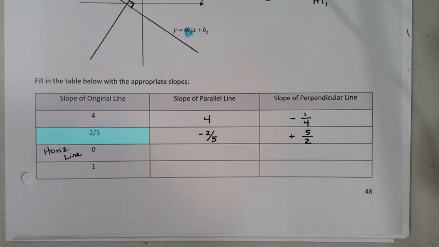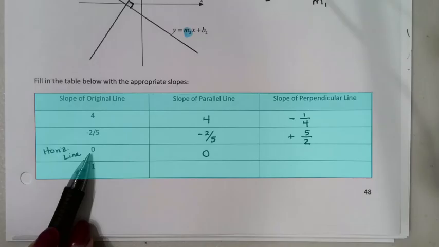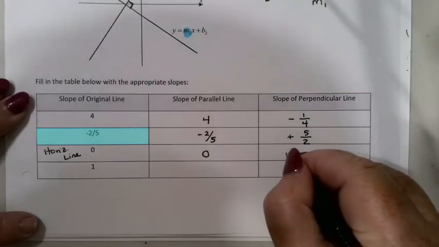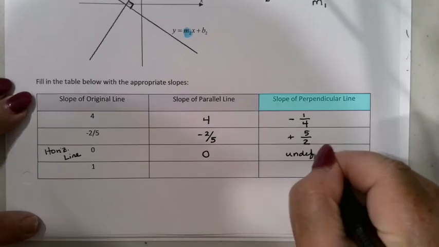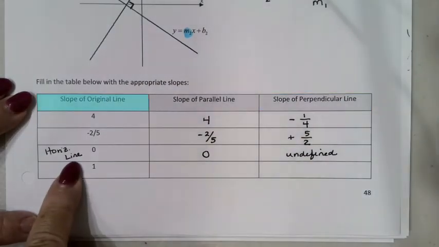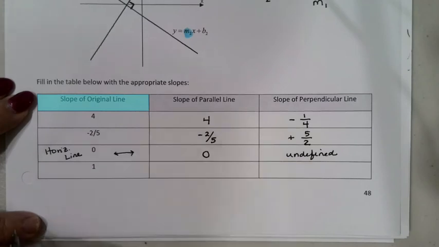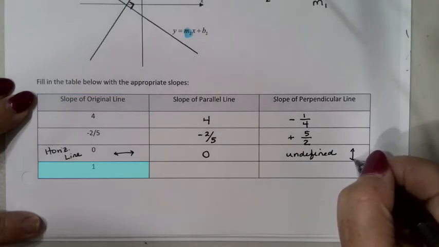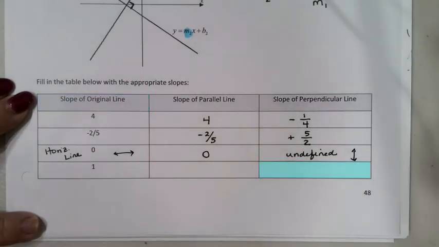But what about the perpendicular line? I can't take the reciprocal of 0. 1/0 is undefined. So in fact, the slope of the perpendicular line is undefined. And that makes sense, because what's perpendicular to a horizontal line? A vertical line, right? With an undefined slope.